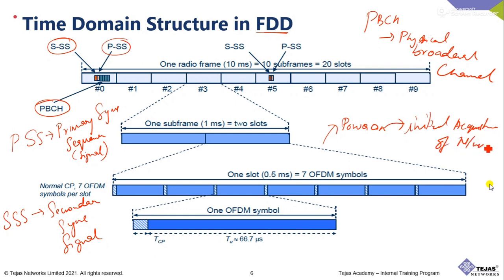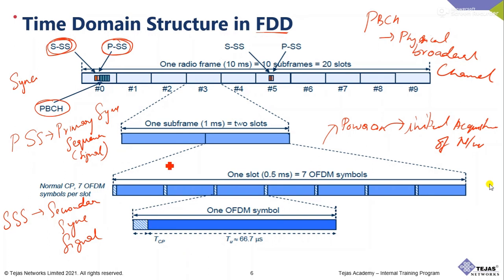That means it should know the profile of the network, isn't it? So what it has to do, it has to synchronize with the E node B. To synchronize with E node B, we have these two signals, which are called PSS and SSS.